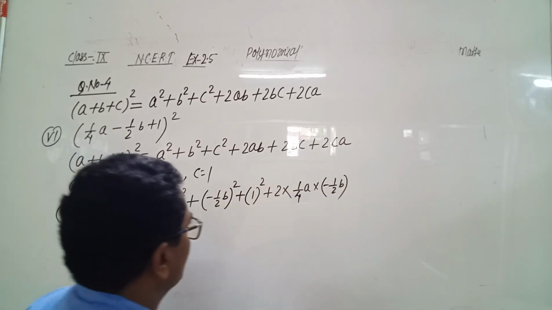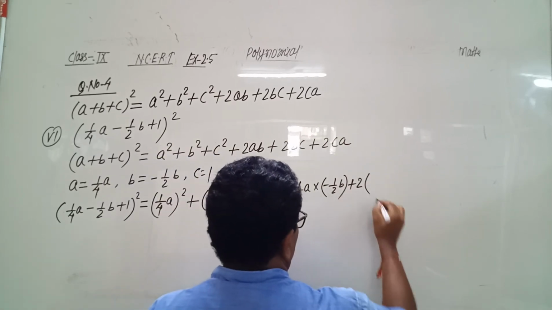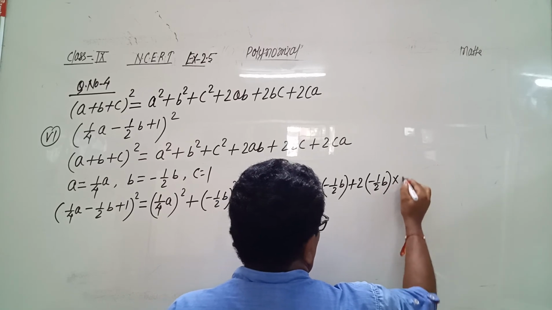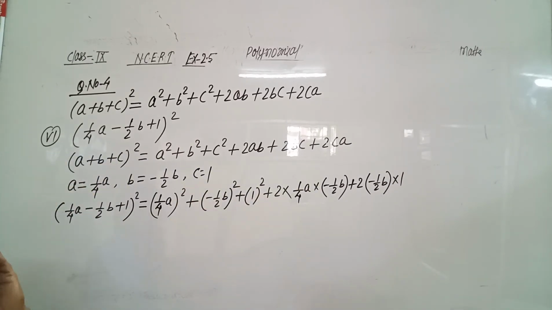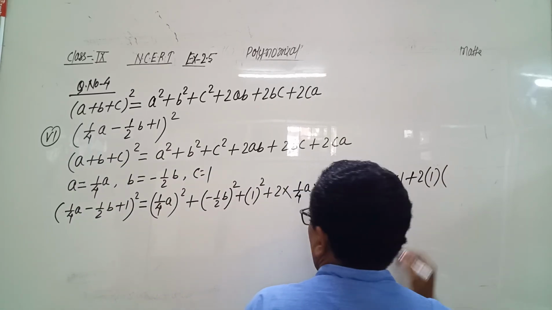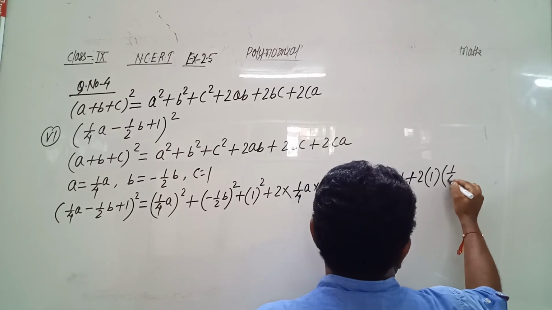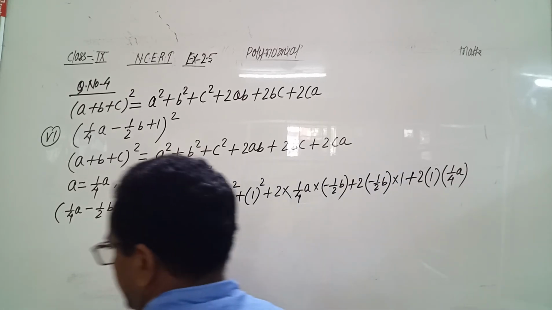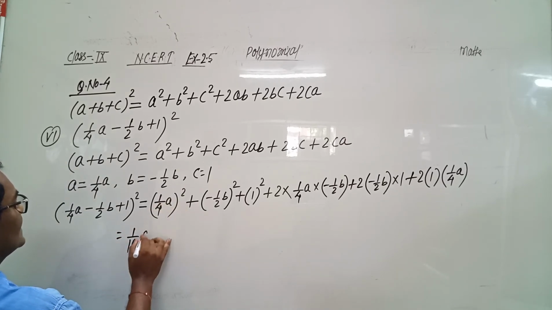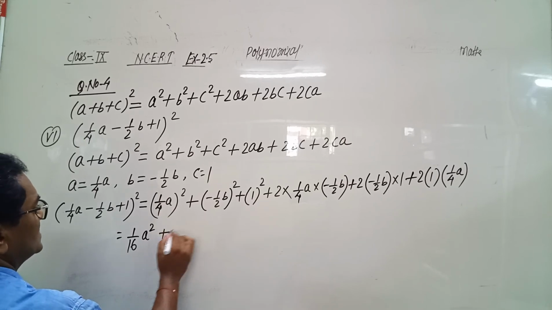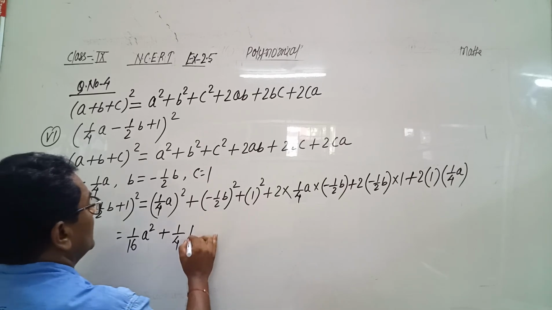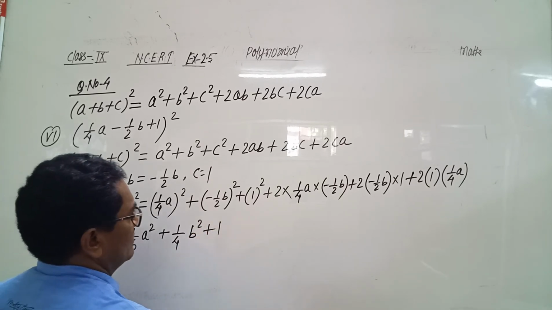Then we write the term 2bc. So 2 into the value of b, which is minus 1/2b, and the value of c, which is plus 1. Then we write 2ca. C is 1 and the value of a is 1/4a. Then we expand the brackets: (1/4a) square is 1/16 a square, plus (1/2b) square is 1/4 b square, plus 1 square is 1.